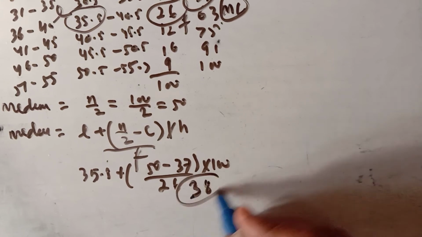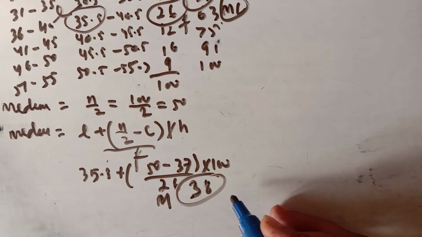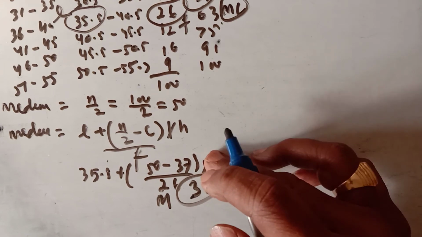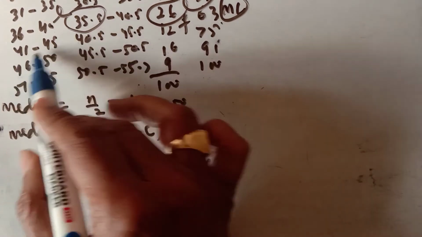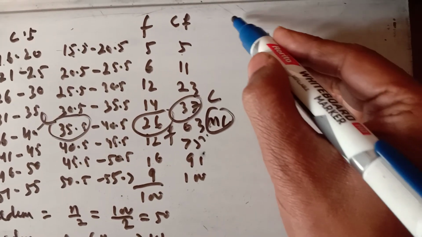Solve it yourself. So the median of this data is 38. The class size here is 5. So this is the median, 38.